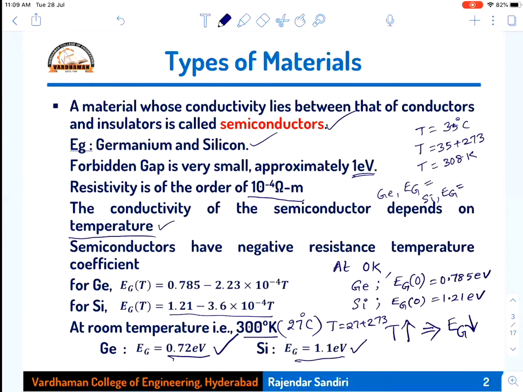Because as temperature increases, the energy gap decreases, since there is a subtraction: 0.785 minus something. So it should be less than what we calculated for 300 Kelvin. For germanium it should be below 0.72, and for silicon it should be less than 1.1. It should not be greater than 1.1.